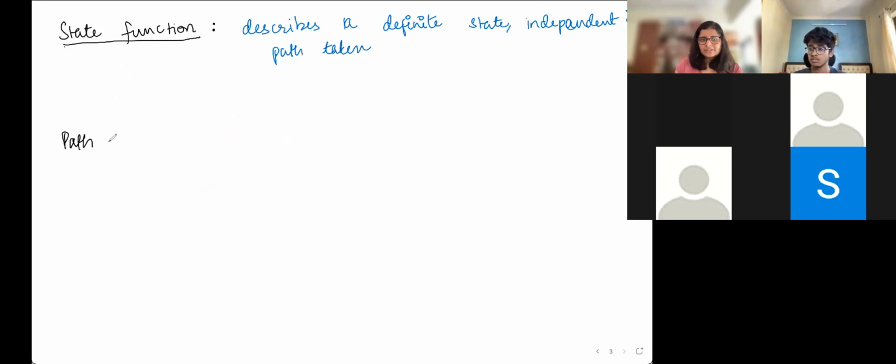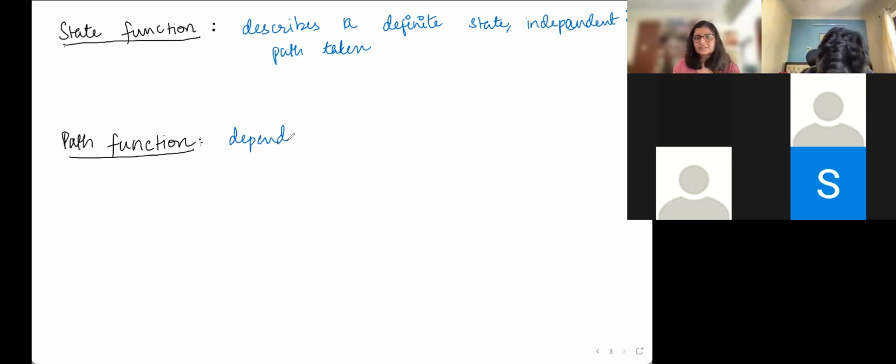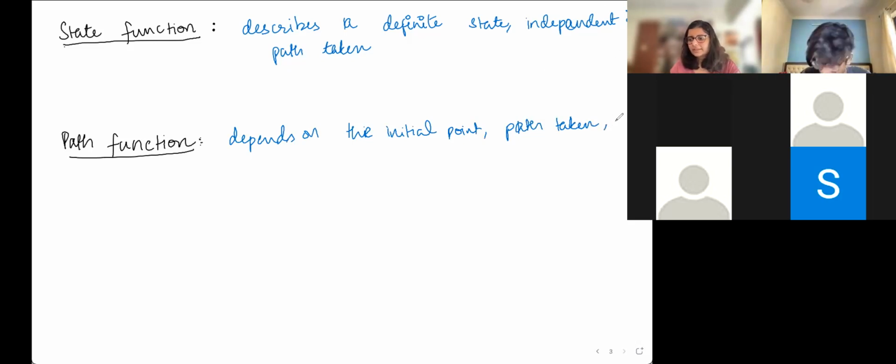Now, in contrast, the opposite of a state function, or the different thing that you have, is the path function. So path function depends on what path you've taken there. So this basically depends on the initial state or the initial point, the path taken, and from that you'll get your final state.